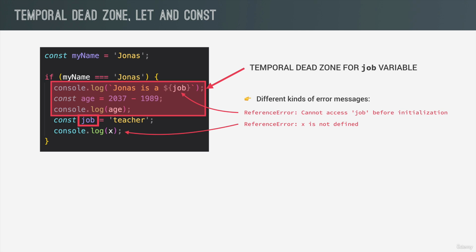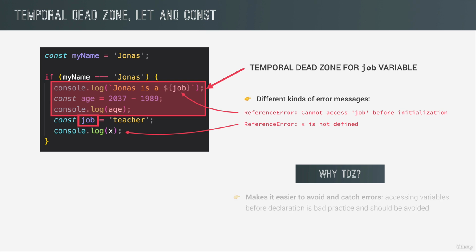Alright, now what is actually the need for JavaScript to have a temporal dead zone? Well, the main reason that the TDZ was introduced in ES6 is that the behavior I described before makes it way easier to avoid and catch errors. Because using a variable that is set to undefined before it's actually declared can cause serious bugs which might be hard to find.